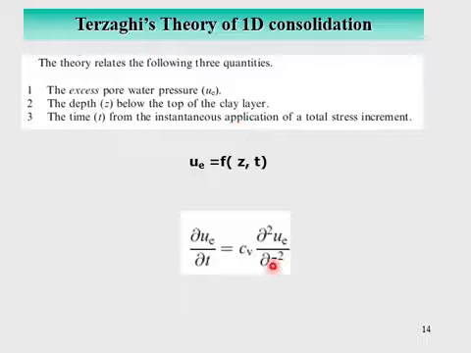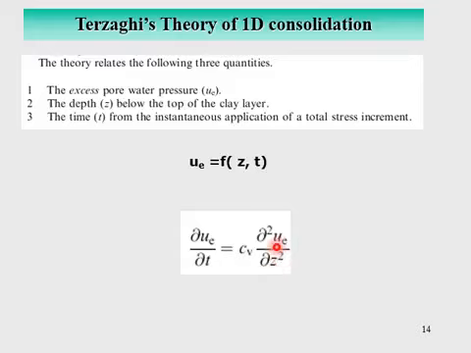So what he proved, actually, is this differential equation. It relates excess pore water pressure at any time t for a particular soil element at depth z.